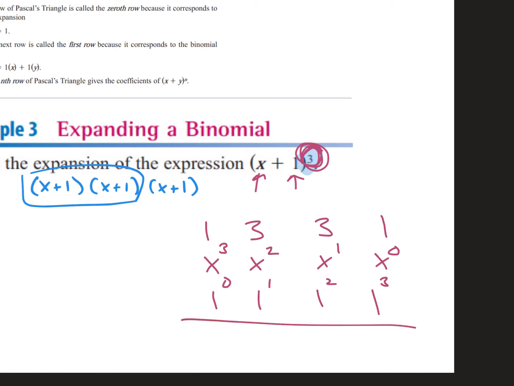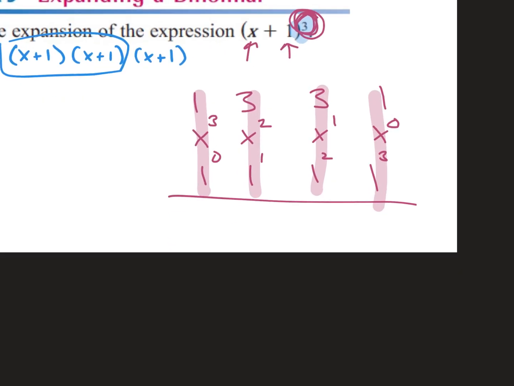Now we multiply all of our columns together and simplify. So we have 1 times x cubed. What's 1 to the power of 0? Just 1. So 1 times x cubed times 1 would be x cubed. Then we have 3 times x squared times 1, which would be 3x squared.